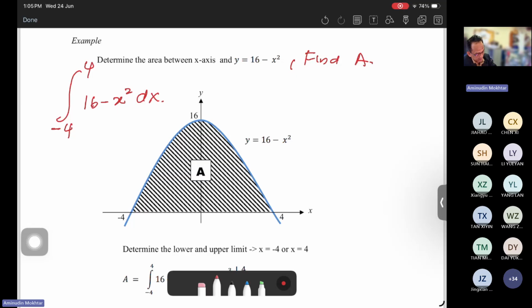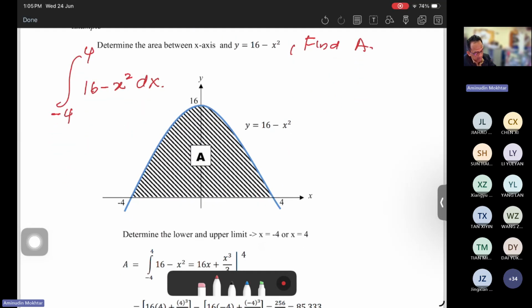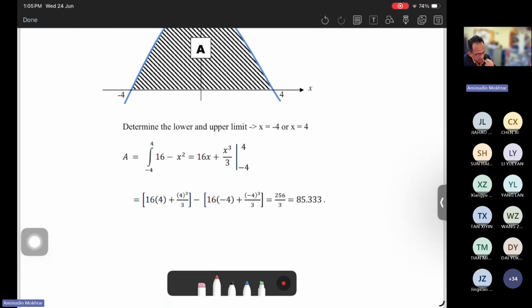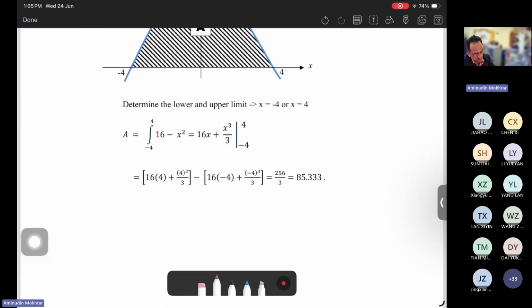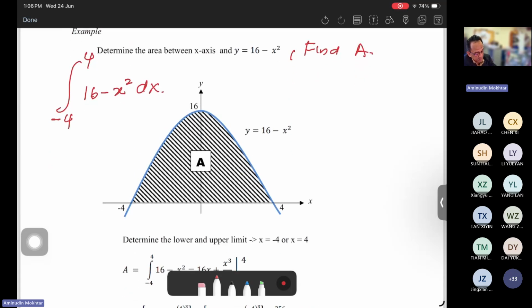So based on this example, I will show you step by step. As you can see, here is the work of how to find the area. I will show you one by one. Next, we take the antiderivative: 16x minus x to the power of 3 divided by 3, from -4 to 4.